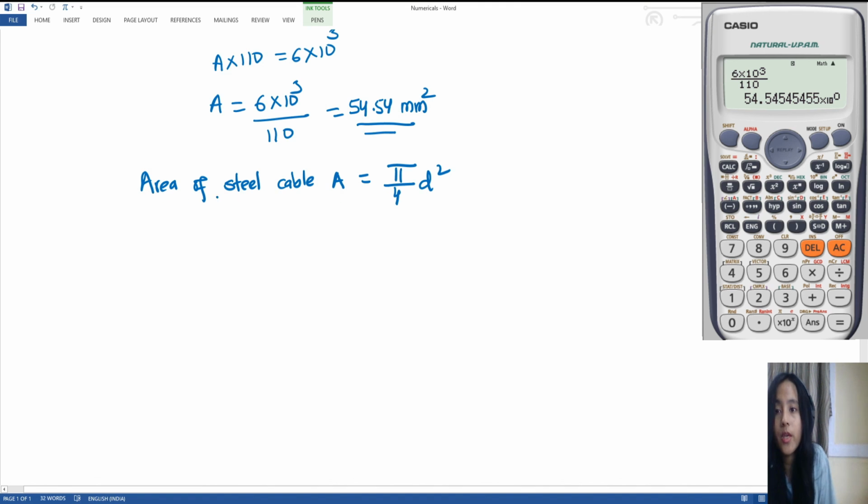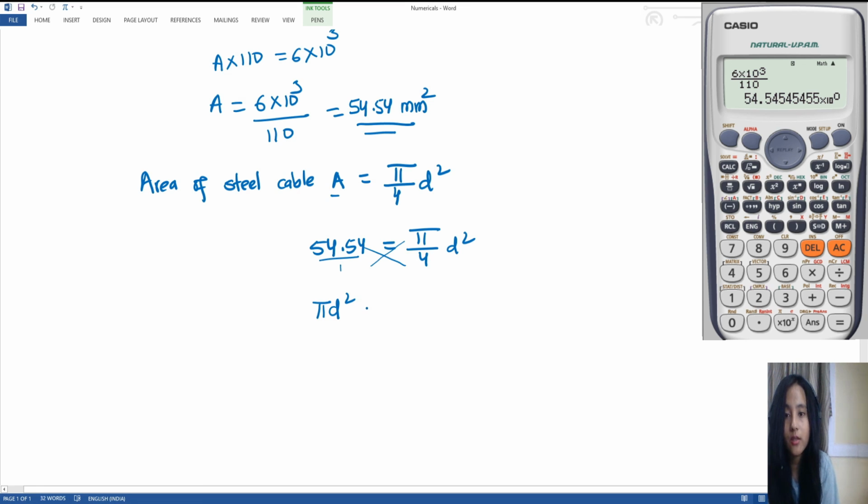So 54.54 equals pi by 4 into d square. If we cross multiply, pi d square will be equal to 54.54 into 4.